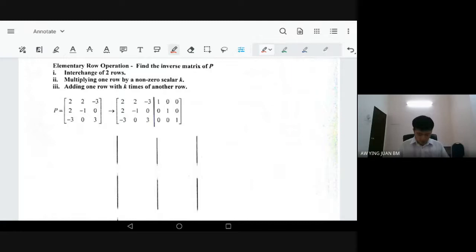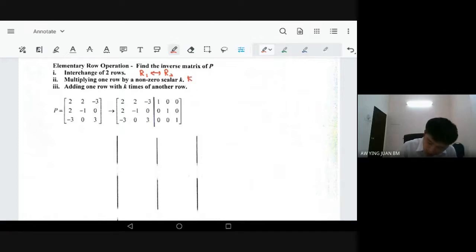Kindly refer to the situation. Before we start, we must understand a certain rule. We have 3 rules in here. Number 1 is interchanging two rows. For example, we can write row 1 interchange with row 2. Second one, multiply one row by a non-zero scalar k.